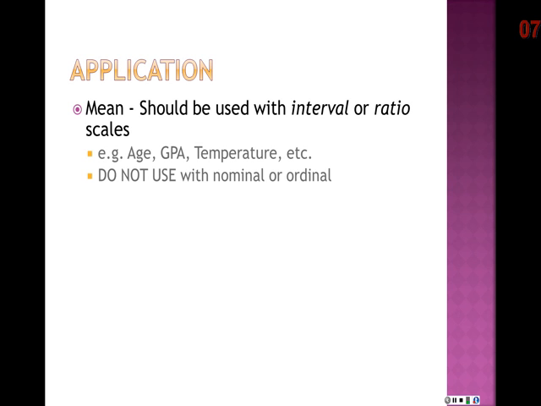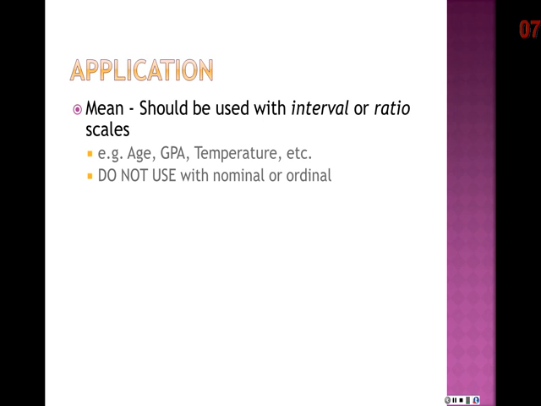And the reason is, if we have nominal data, so if we have categories, for example, a category of race, right? So we have Black African American, we have White Caucasian, we have Latino. It doesn't make quantitative sense to create an average of the categories.